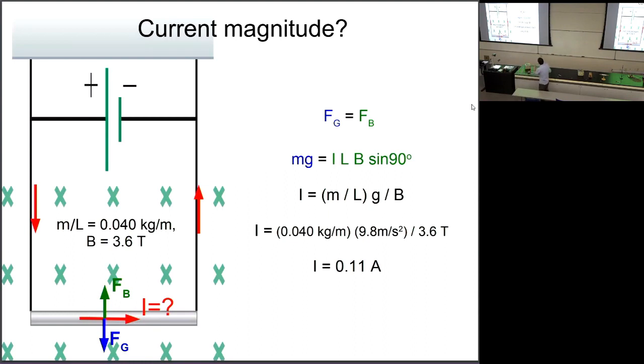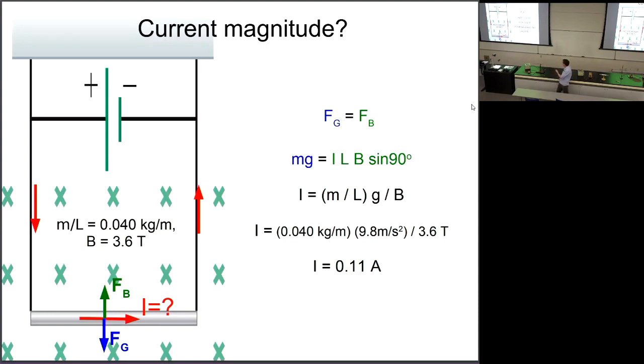And so if we start rearranging this equation here, I don't know m, I don't know L, but what I need to know is the mass per unit length, the mass to length ratio. And I find that the current is just the mass to length ratio times the ratio of the fields, the gravitational field to the magnetic field. So this equation really comes from a comparison of magnetism and gravity, and just depends on the properties that determine the gravitational force and the magnetic force: the mass and the length of the rod, and also the ratio of the fields themselves, G and B. Every number here we know.